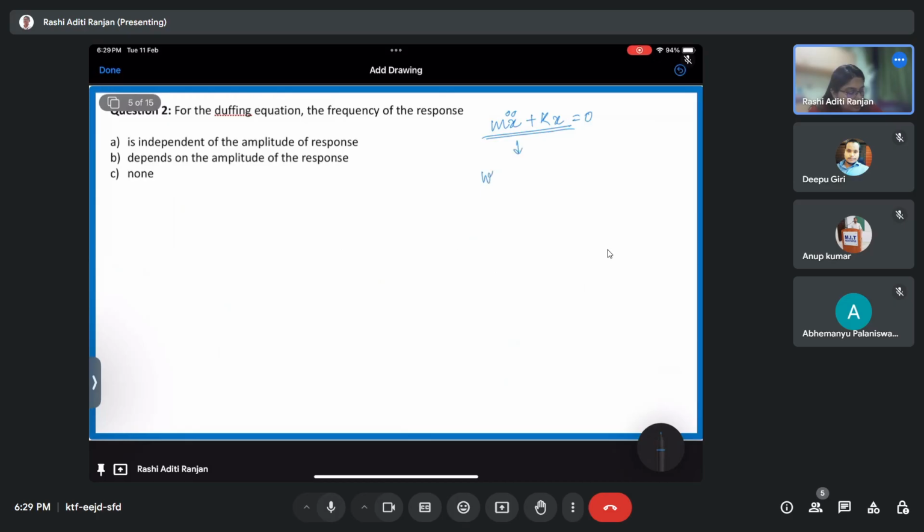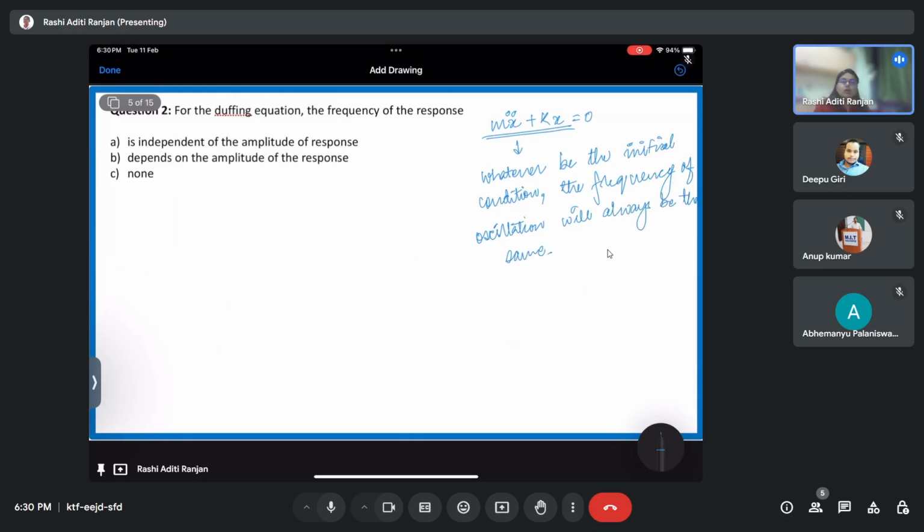So whatever be the initial condition, the frequency of oscillation will always be the same, right?